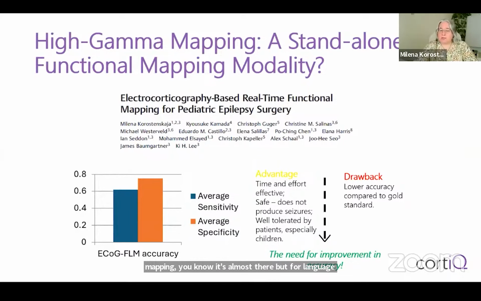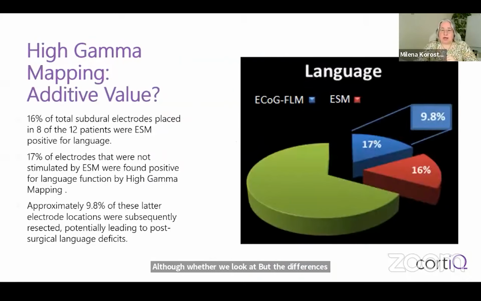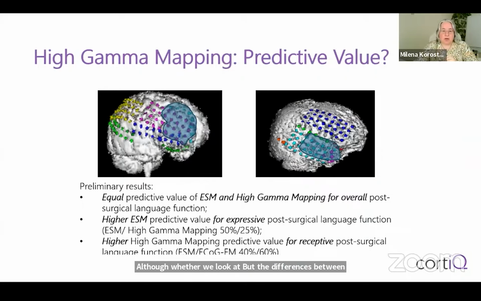Although, we looked at the differences between cortical stimulation and high gamma mapping, and we found that high gamma mapping actually has better predictive value for receptive language function compared to expressive language function than cortical stimulation.